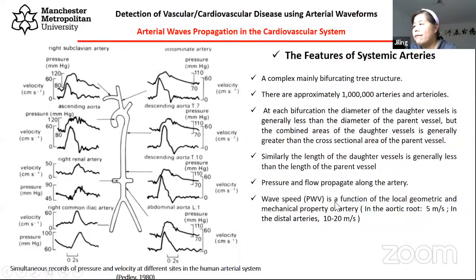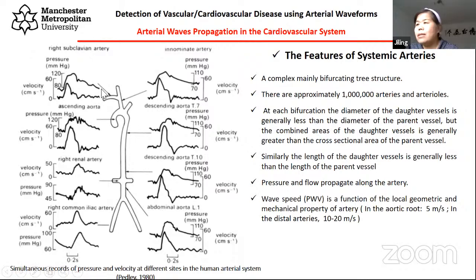This wave speed is a function of the local geometry and mechanical properties. That is why in the aortic root, in the ascending aorta, the wave speed is about 5 meters per second, but in the distal artery it increases to 10 to 20 meters per second.